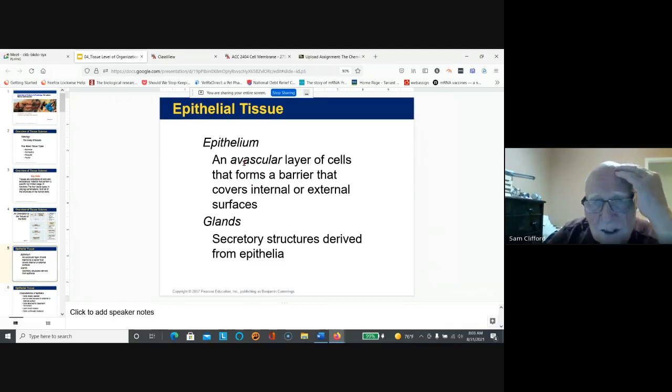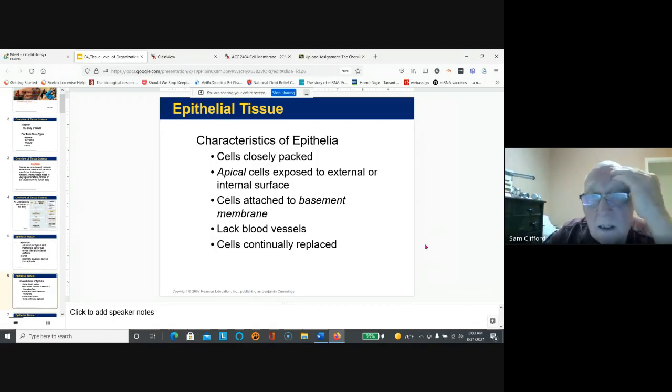Epithelium is avascular, doesn't have any blood supply. Glands are derived from epithelia. What are the characteristics of epithelial tissue? Cells are closely packed. Apical cells are exposed.